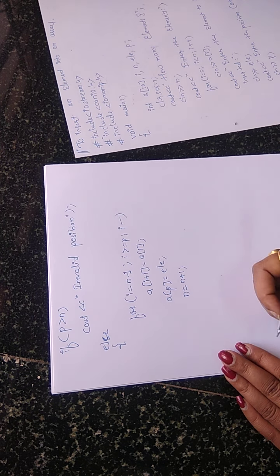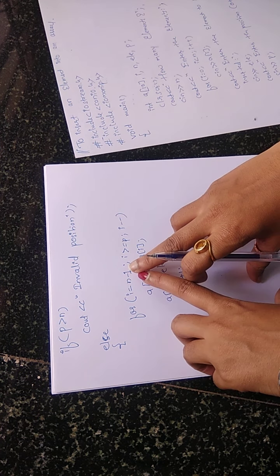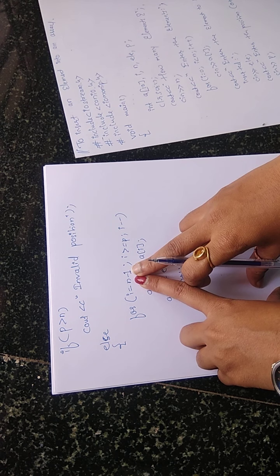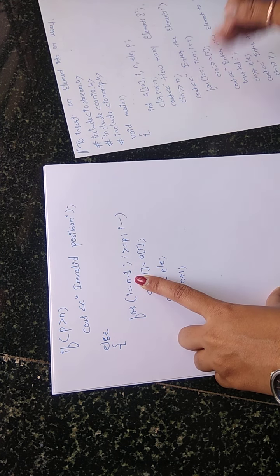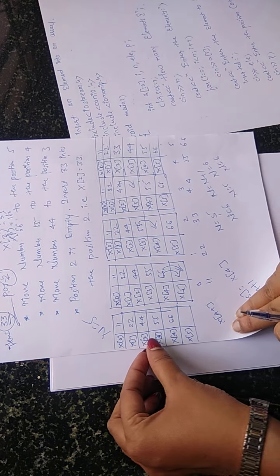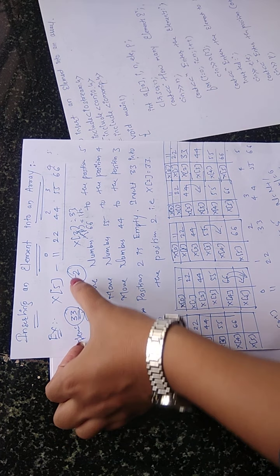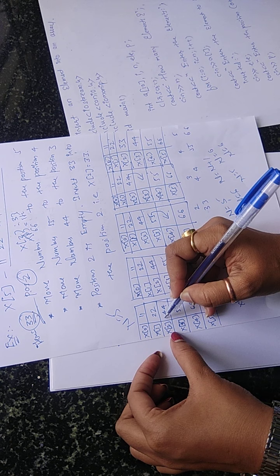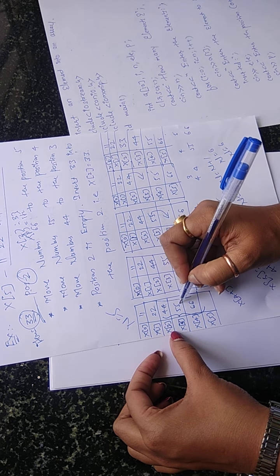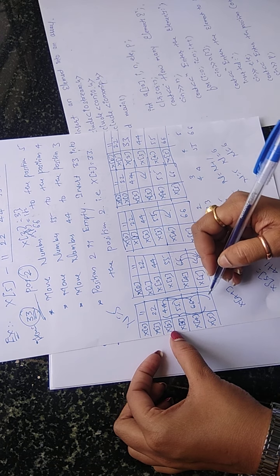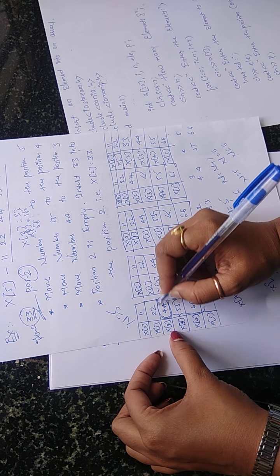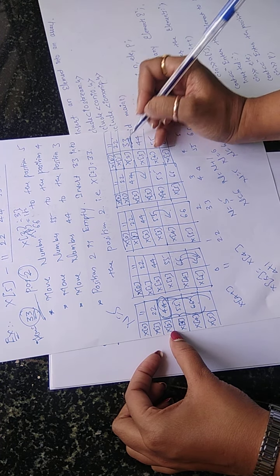Done. So what we are doing here: in reverse, each element of your array till the position, we are shifting to the next level. That is, we want to add this 33 in the second position. So from the second position, the elements 44, 55 and 66, we have to shift to the next level one after the other, so that this position will be empty and we can add this 33 here.